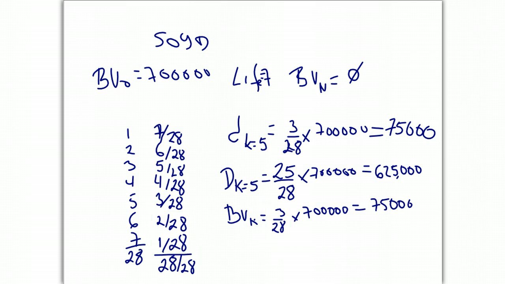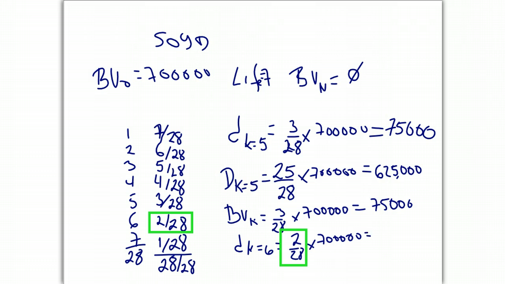Let's say, for instance, if we were computing the depreciation at k equals 6, it would be just 2 out of 28 times 700,000. That is 50,000.